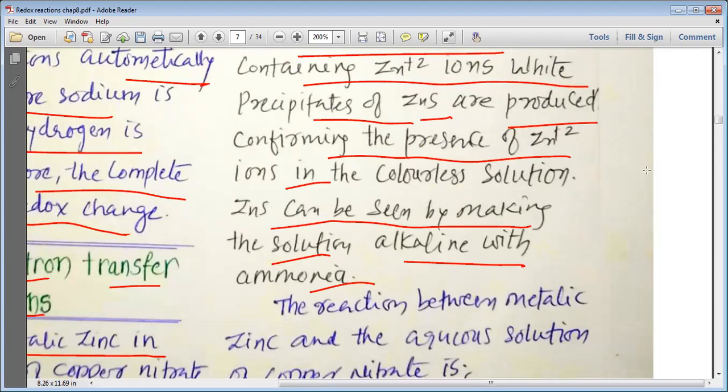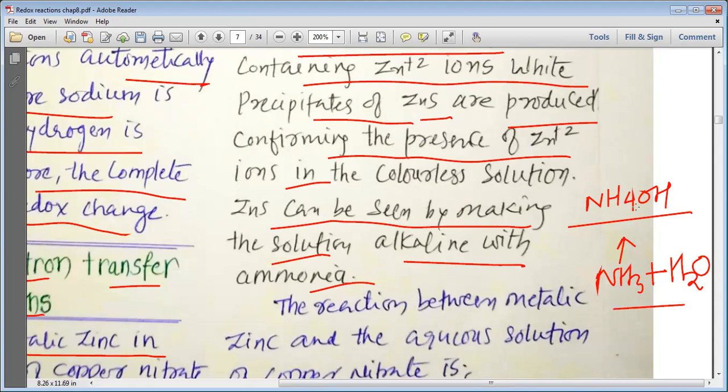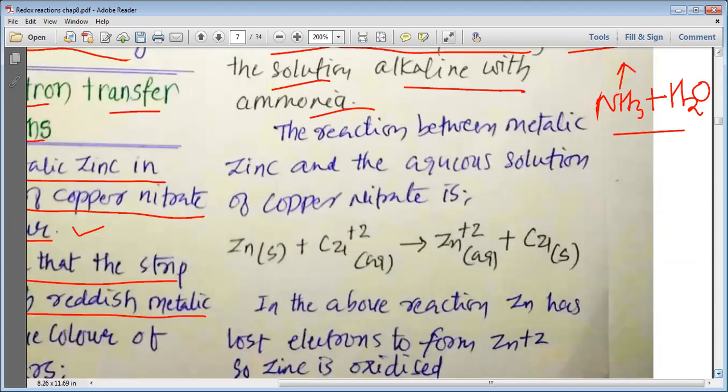If the precipitates are not formed properly, we need to add some NH4OH, which is the solution of ammonia formed when NH3 is dissolved in water. When we add NH4OH to this solution, the solution becomes alkaline, that is basic in nature, and we easily get the precipitates of ZnS, that is zinc sulfide.